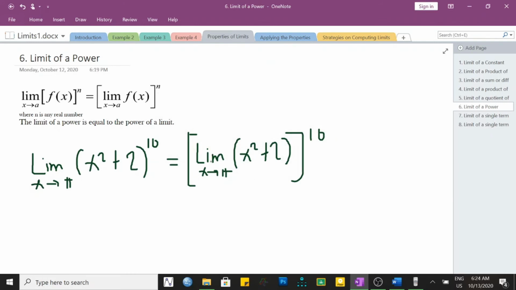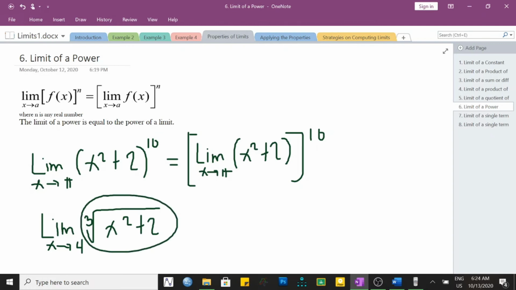Let's provide another example. How do we apply this property if we have the limit of, this time, cube root, a radical expression, of x squared plus 2 as x approaches 4, say. Remember that this expression here can be expressed as a power so that we can use this property.